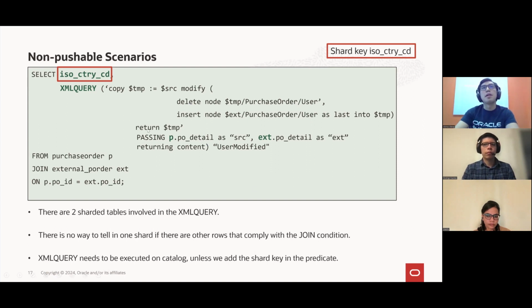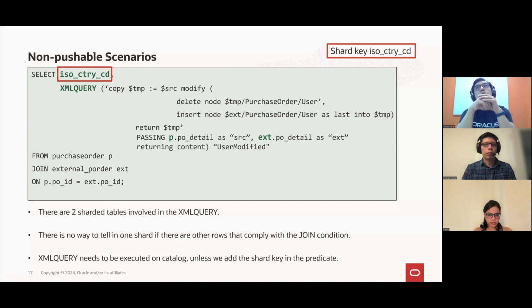Another way to make this pushable is if in the XML query we added the shard key into the predicate. So say we have this on purchase order ID, the same as external purchase order ID, and ISO country code equals the same ISO country code as external. This way, the ISO country code is going to be region 1 for both tables.